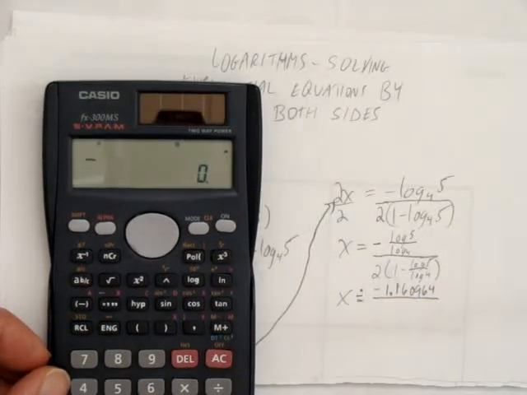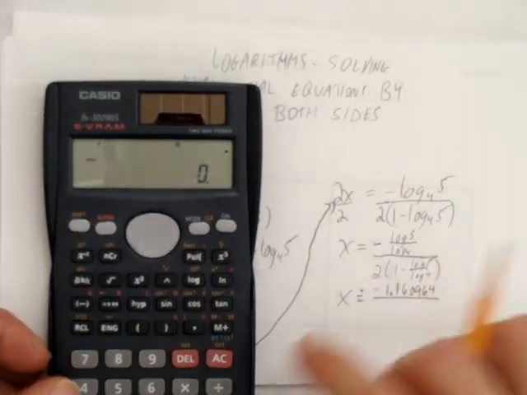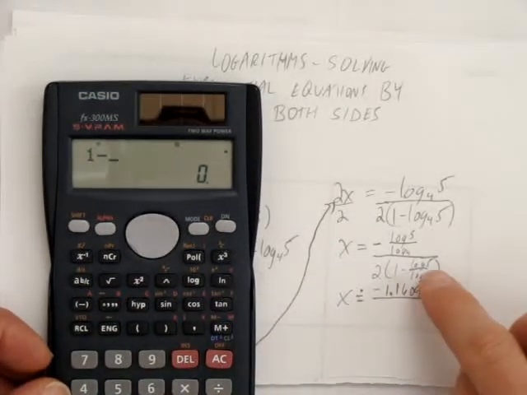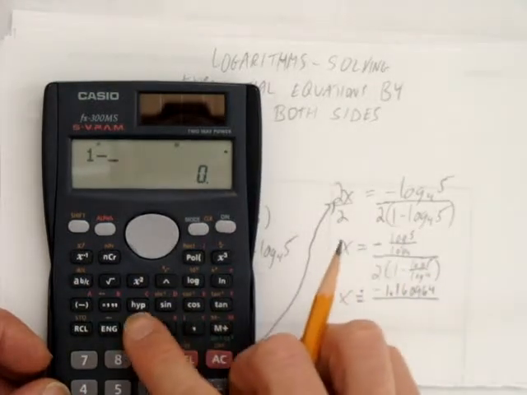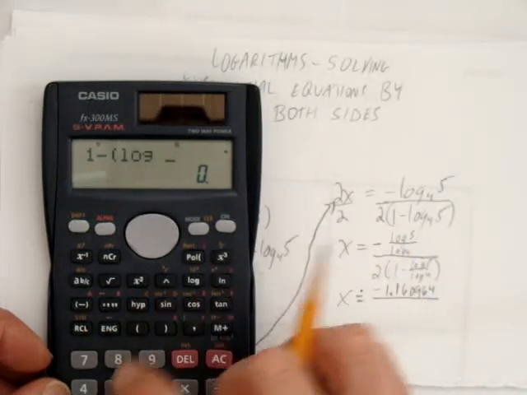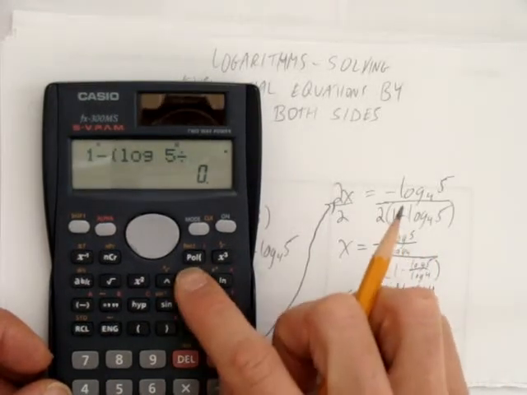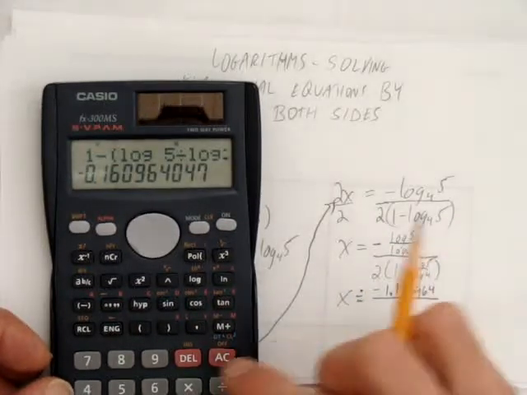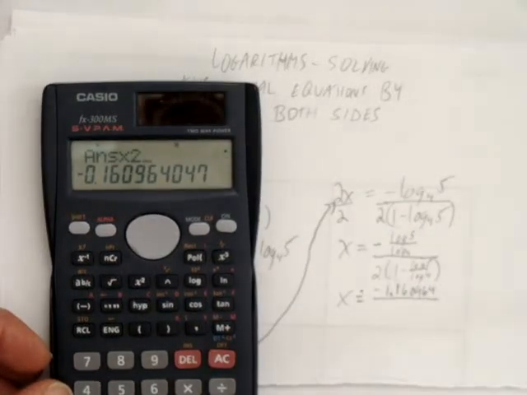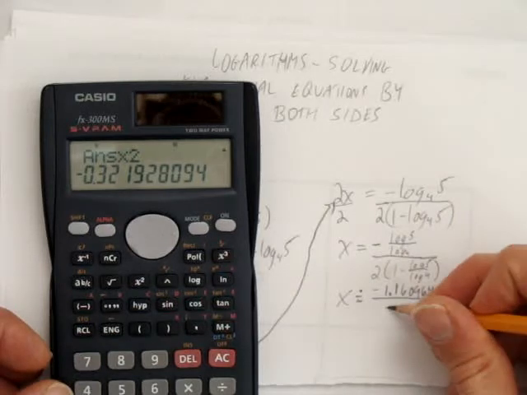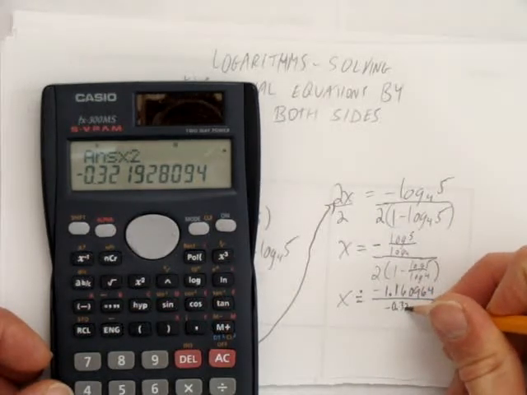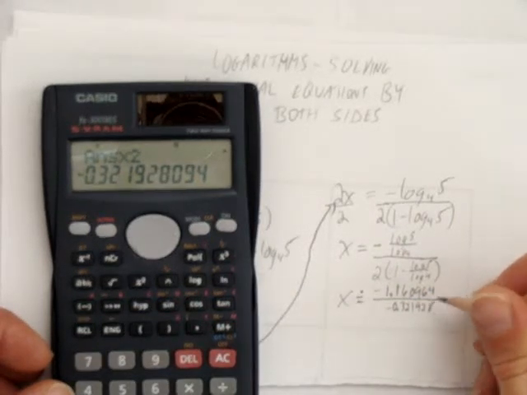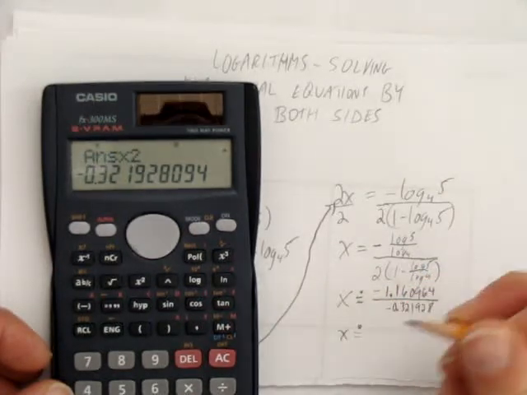And on the bottom, I want to go 1 take away, and I'm going to put this in brackets. I'm going to take away log 5 divided by log 4, close the brackets, see what I get, and times it by 2. And so I get negative 0.321928.